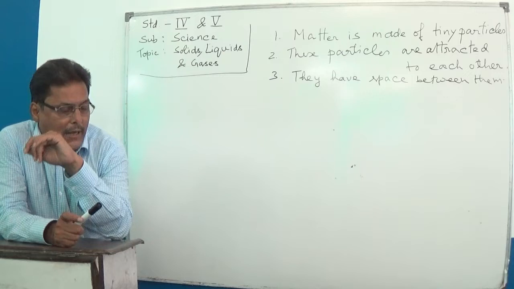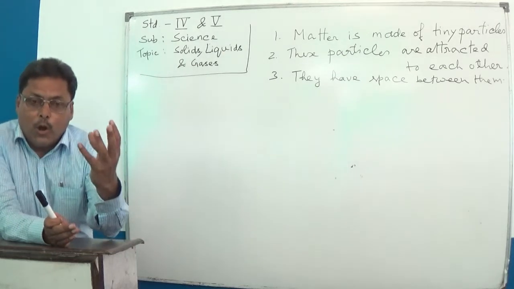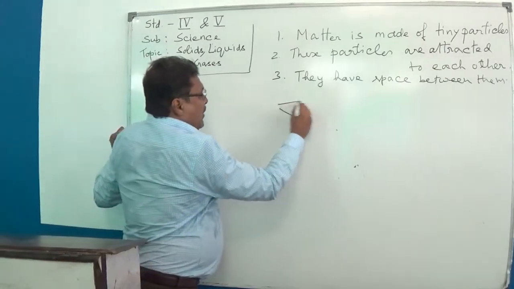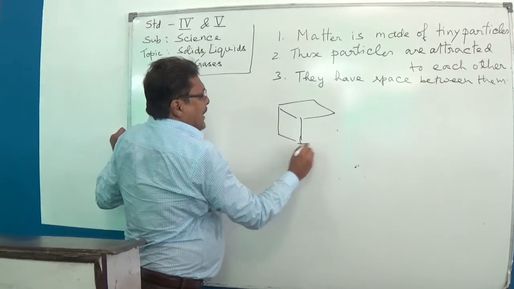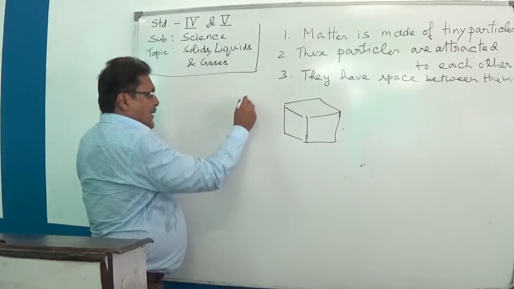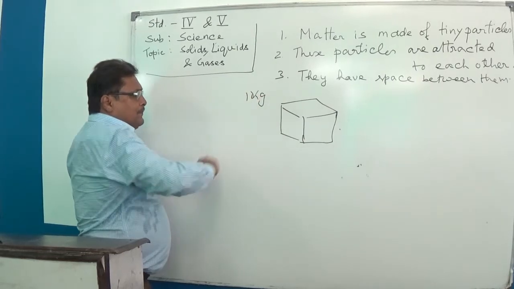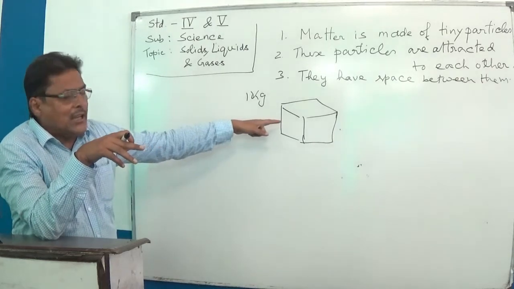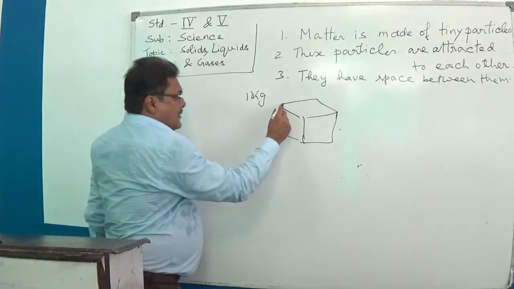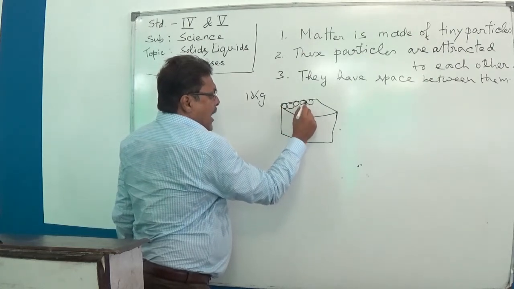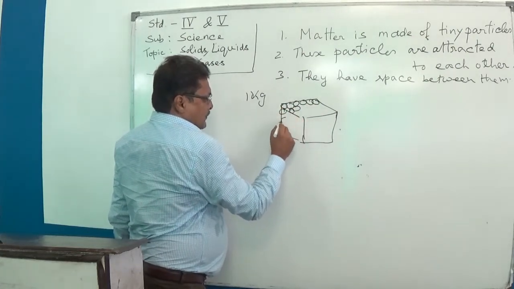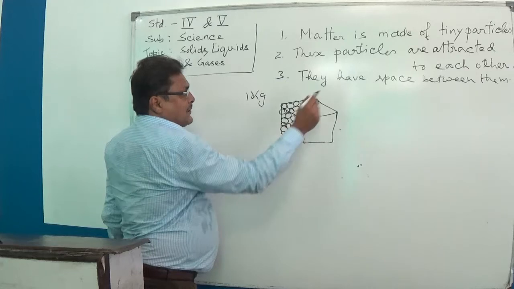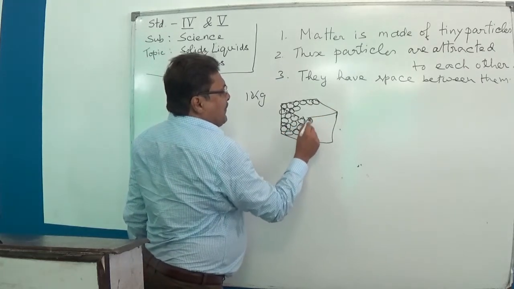So now let us look at, say, a block of ice, say 1 kg of ice. In this block of ice, all the molecules, that is the water molecules, because it is essentially water, you know that, are very tightly packed. So tightly packed that there is almost no space between them.